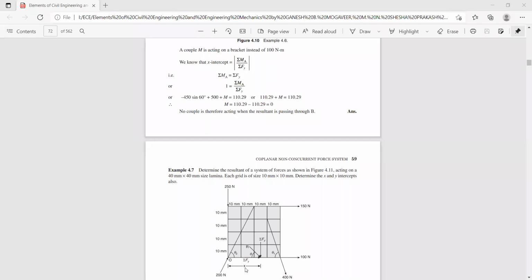Theta is tan inverse 2. So you will get these angles theta 1 and theta 2. First you have to find these unknown angles, then select the reference axis x and y about point A, about which you require the magnitude, direction and position of the resultant, and also the x and y intercept of the resultant.